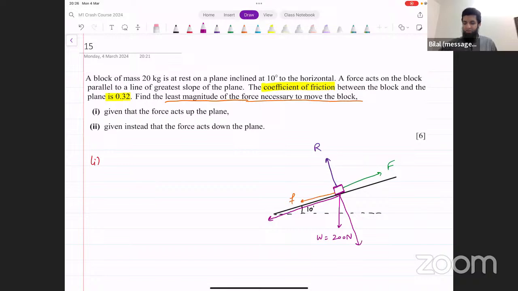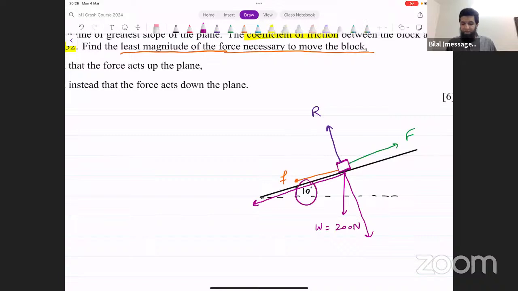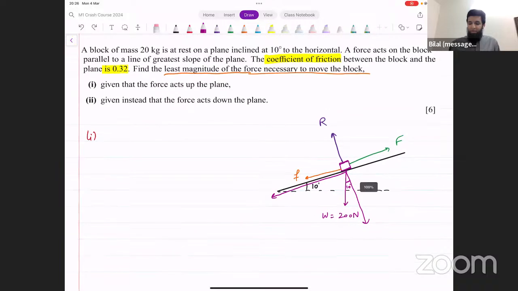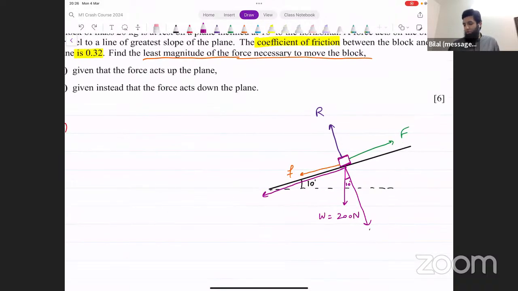Remember, if this angle is 10, this angle here is also going to be 10, because this is 80 and then the remaining angle is 10. So the components that you get are 200 cos 10, the component adjacent to the angle, which has cos, and the component on the other side is going to have sine. So we have 200 sin 10 here.